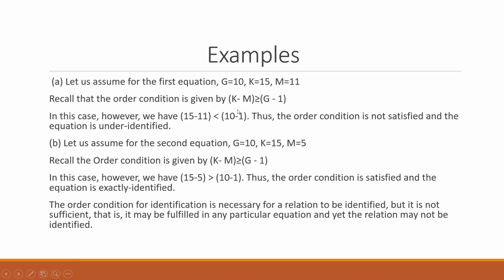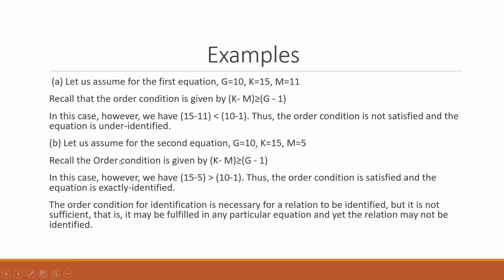So recall the order condition, K minus M must be greater than or equal to G minus 1. Here, 15 minus 11 is less than 10 minus 1, thus the order condition is not satisfied and the equation is under-identified. Therefore we cannot go for establishing the rank condition, which is the next step.